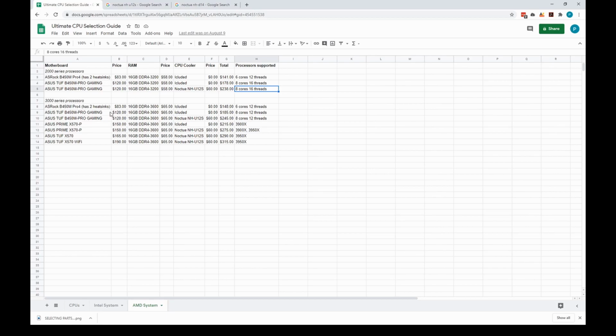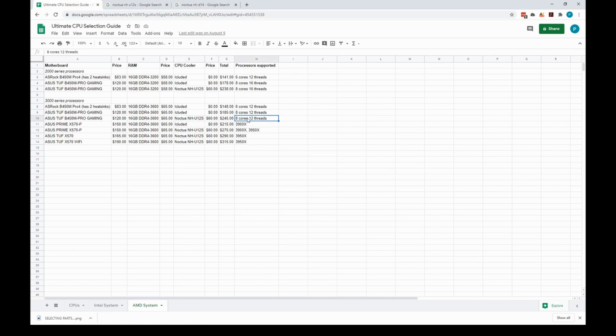Here we have the ASRock B450M Pro, the same one as this one. So you can install a Ryzen 3600 and you'll be fine. This is fine for 6 cores, 12 threads. And then for 8 cores, 12 threads, I'm upping this a little bit. I'm also including an option with a cooler, so you can install a nicer cooler for your 8 cores.